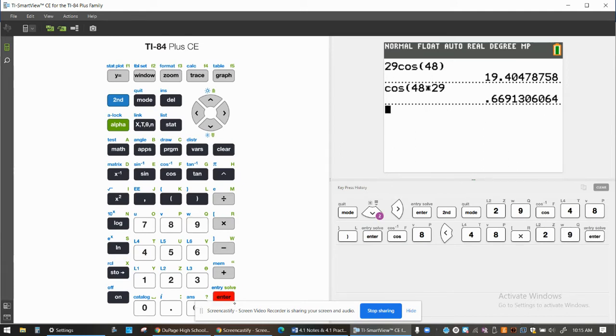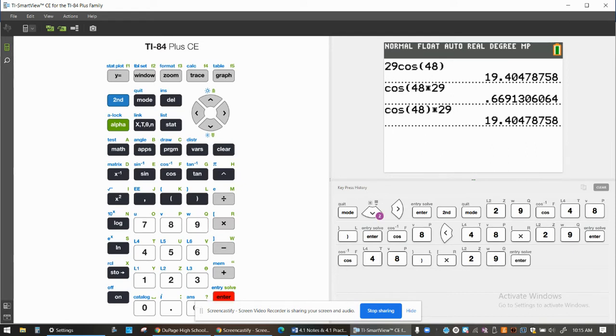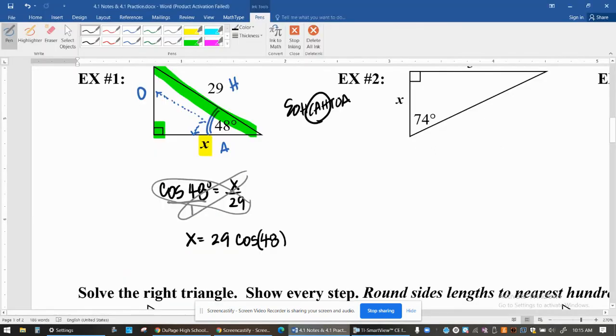You want to do cosine of 48, close the parentheses, times 29, or put the 29 out in front and then multiply with the cosine of 48. So you see how the first and the third answers are the same, 19.404, and so on, but the middle one is not. So be careful. Remember, the calculator is only as smart as its user. It does what you tell it to.